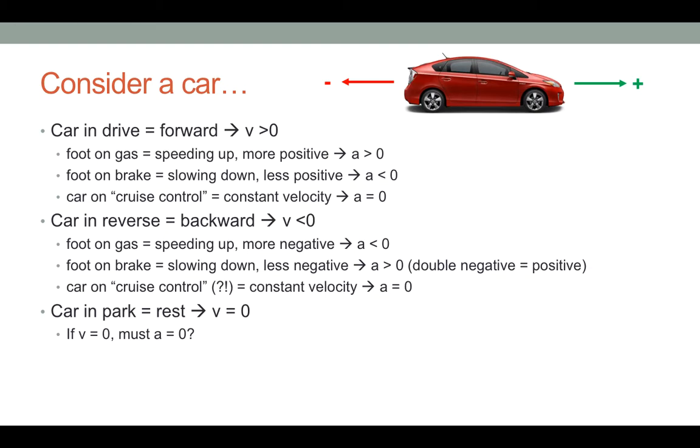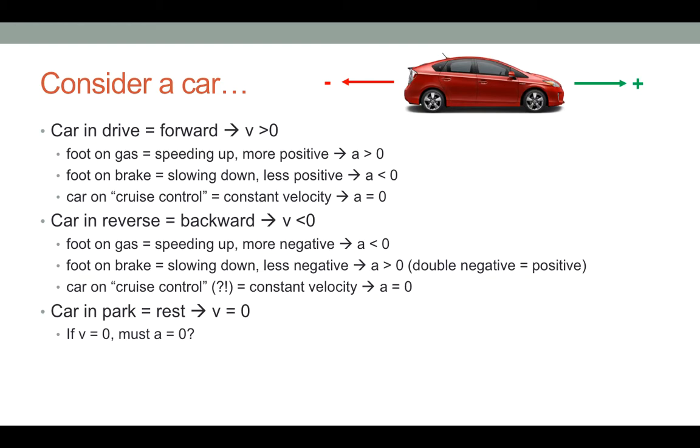This will make the acceleration positive. But if the car is in reverse, the velocity will get more negative and will become numerically smaller, or farther to the left on a number line. The acceleration will be negative. Recall that negative 20 is numerically smaller than negative 10.